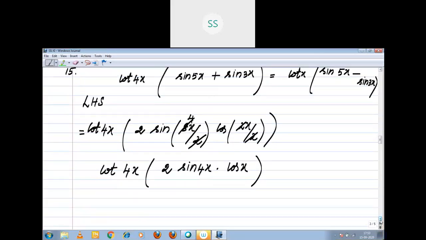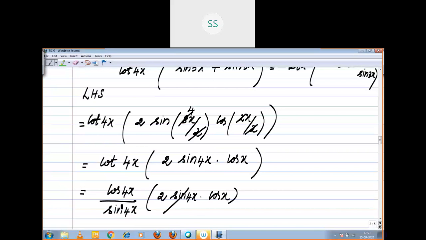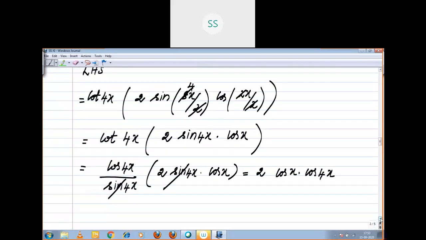LHS equal to, now, cot 4x can be written as cos 4x divided by sin 4x, into 2 sin 4x cos x. sin 4x cancels. You arrive at the result 2 cos x into cos 4x.